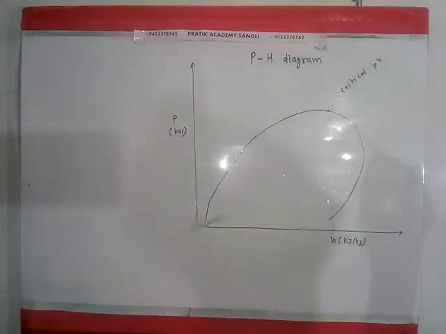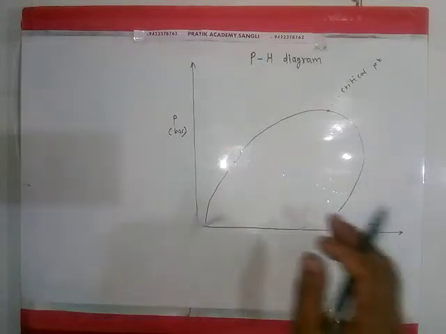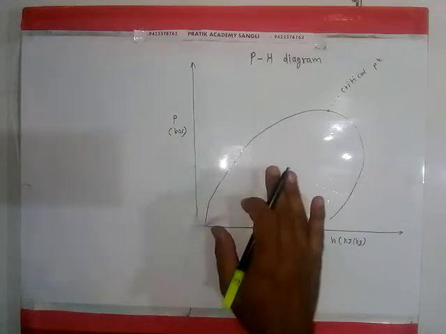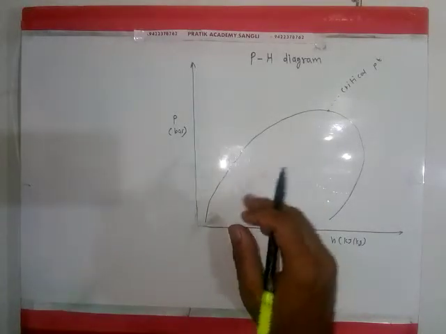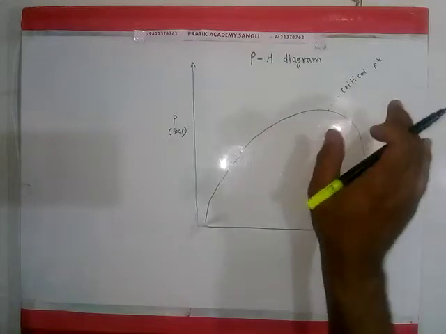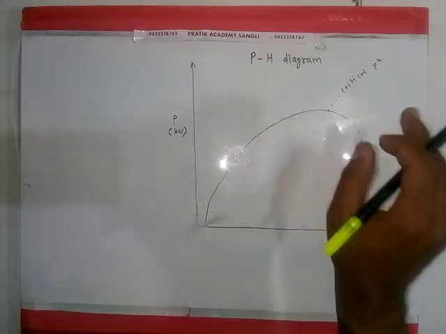We know that the critical point is the highest point up to which there is a distinct phase change. That means below the critical point there is a distinct vapor and liquid region, and above it there is no such distinct vapor and liquid region.